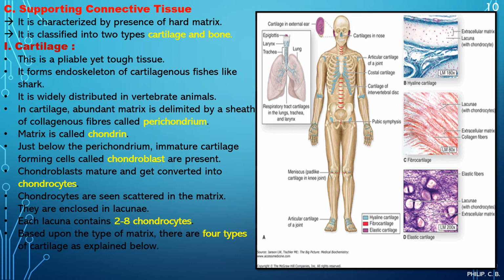Also you can see towards the right side the images showing hyaline cartilage, fibrocartilage and elastic cartilage, and even the entire skeleton where cartilage is present in the nose region, the articular region of the joint, the costal cartilage, cartilage of the intervertebral disc, pubic symphysis, etc. So these are some of the places where the cartilage is present. And even you can see the external ear, which is a very simple example to remember, the external ear and the nasal region or the nose part where cartilage is present.